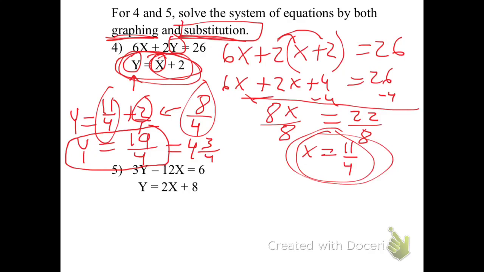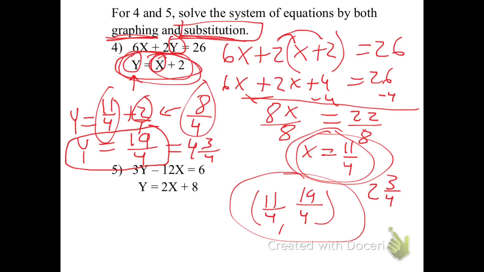Anyway, so you get the point, 11/4, 19/4 as your solution. And the substitution method always works. It'll always get you the exact answers, whereas the graphing method, you kind of have to guess on it.